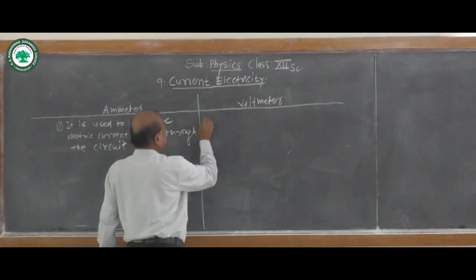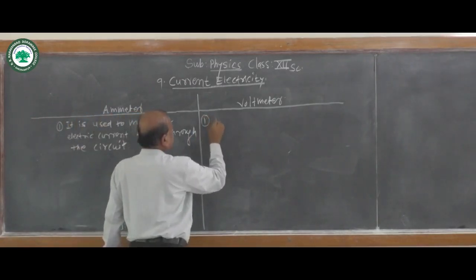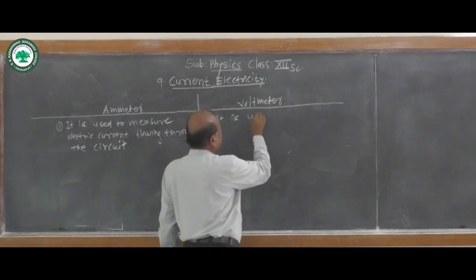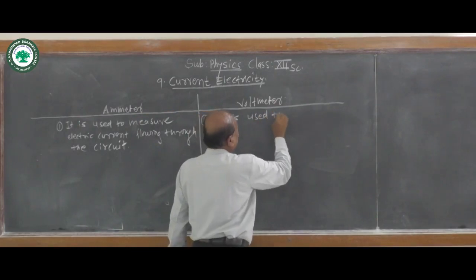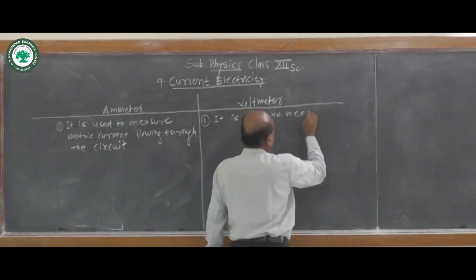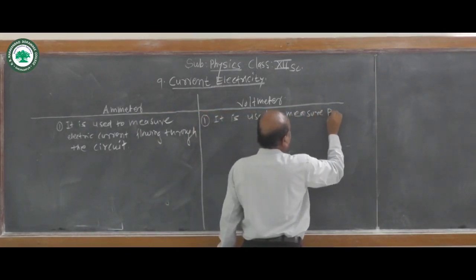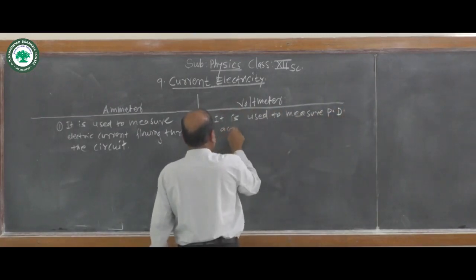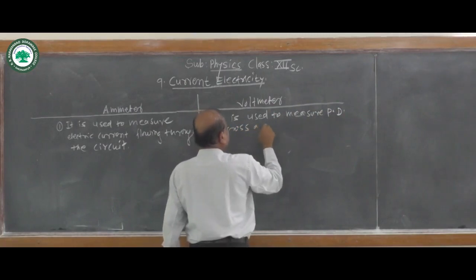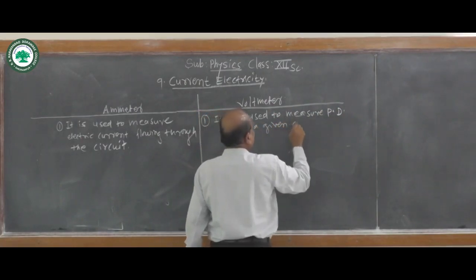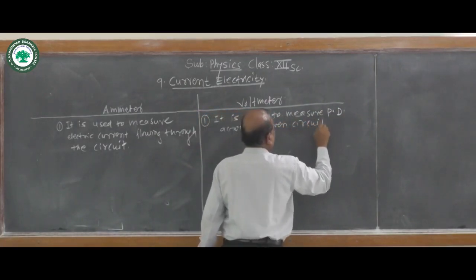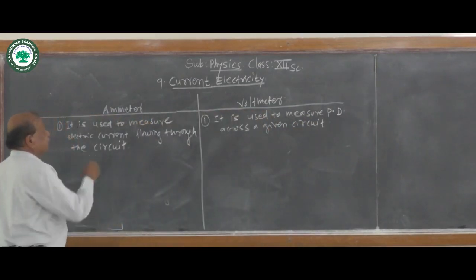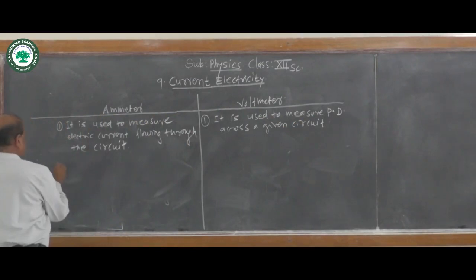Now here, voltmeter is used to measure the potential difference across a given circuit. This is the first difference between ammeter and voltmeter.